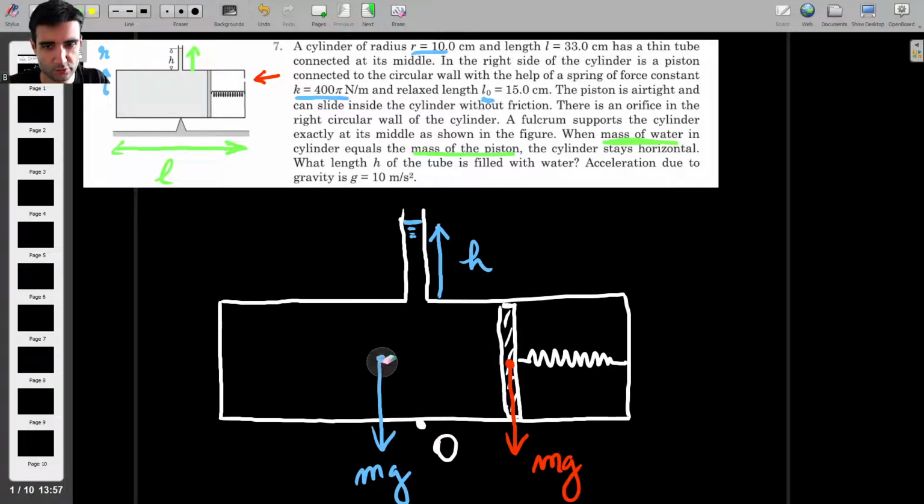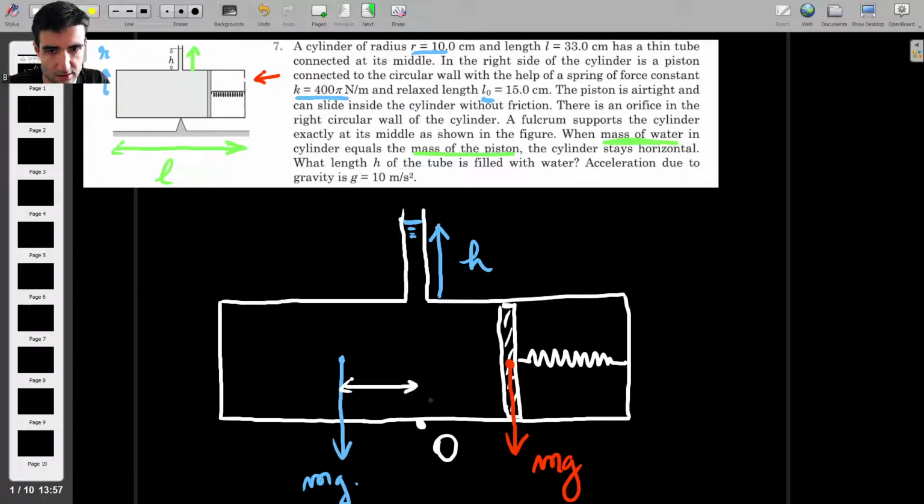So if we draw this a bit better, the water weight is acting at a certain distance from the fulcrum, which is the same as the distance of the piston weight from the fulcrum. Those two distances are the same, and we have to think of a way of finding what those distances actually are.